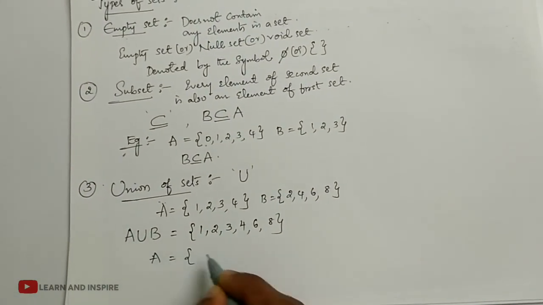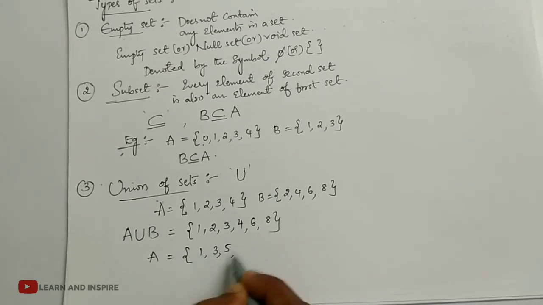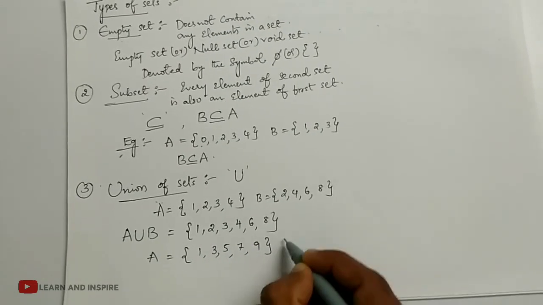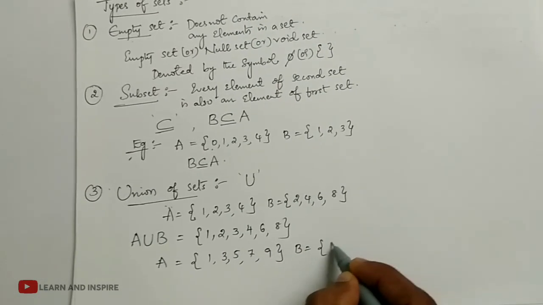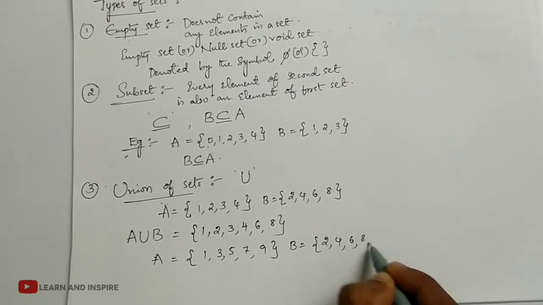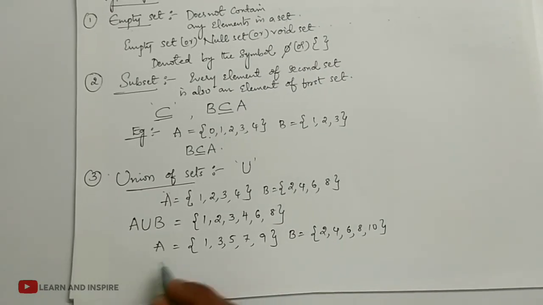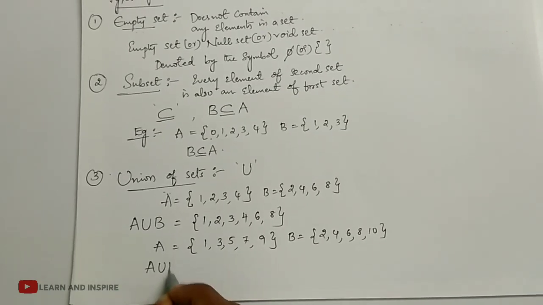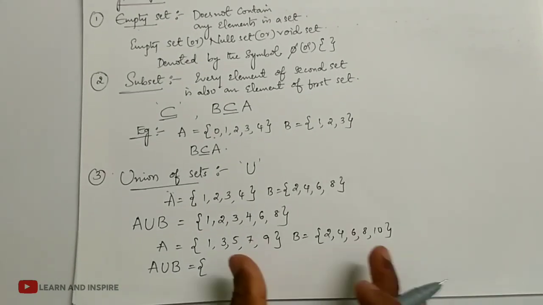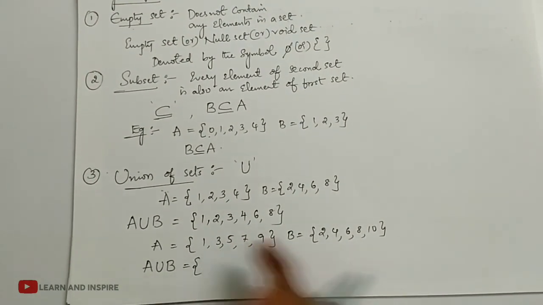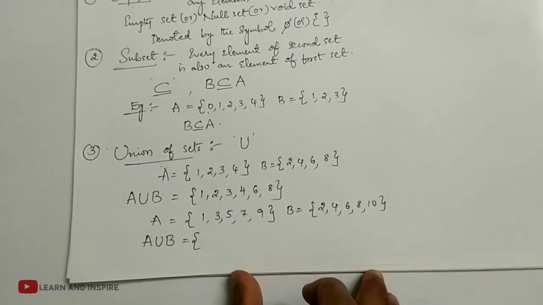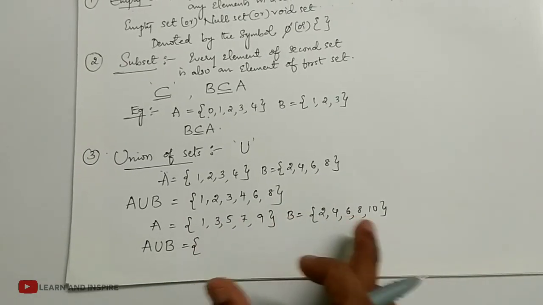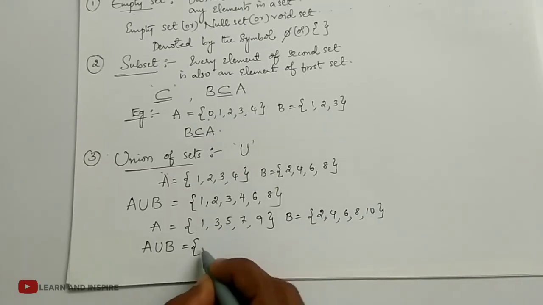Set A is equal to 1, 3, 5, 7, 9. B is equal to 2, 4, 6, 8, 10. So we have to find A union B. A union B is nothing but combining all the elements in set A and set B without repeating. Okay, here no elements are repeated, so we combine all the elements.